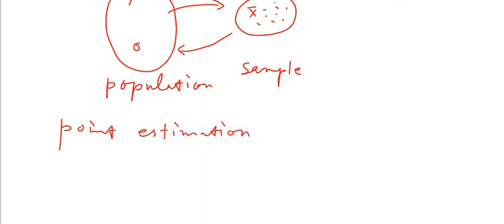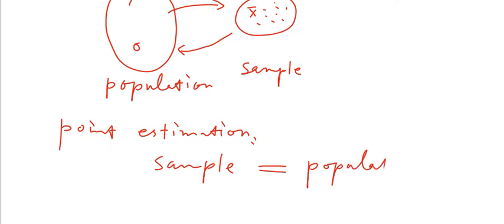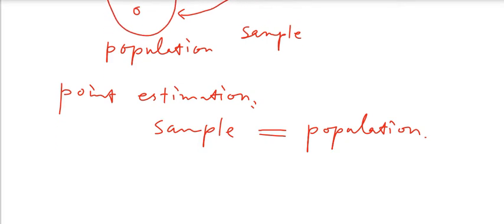Point estimation basically is we just let the sample values almost equal the population values. Now the sample mean equals the population mean. The sample standard deviation equals the population standard deviation, right?